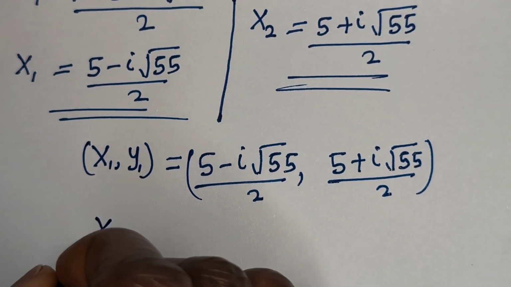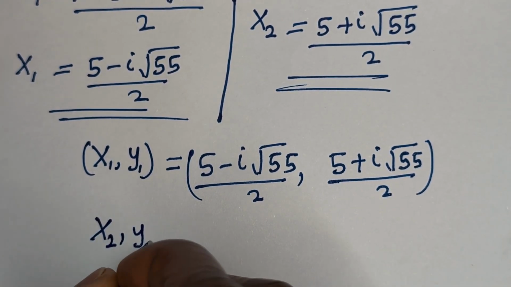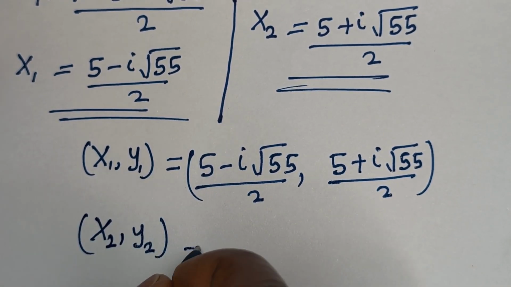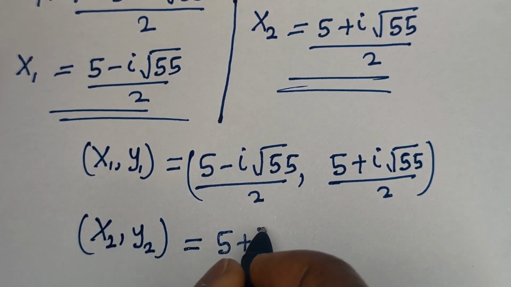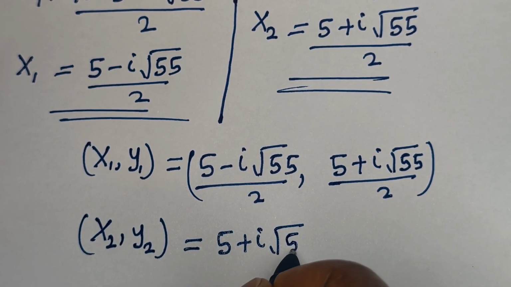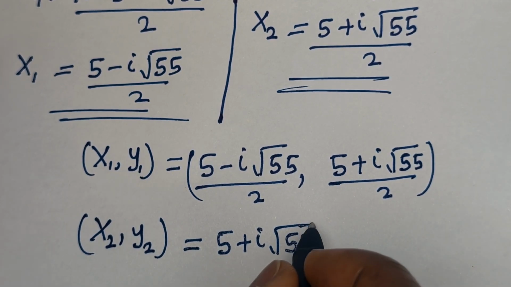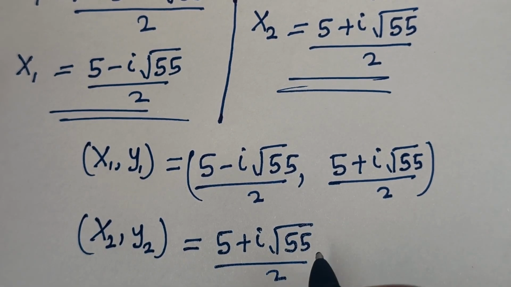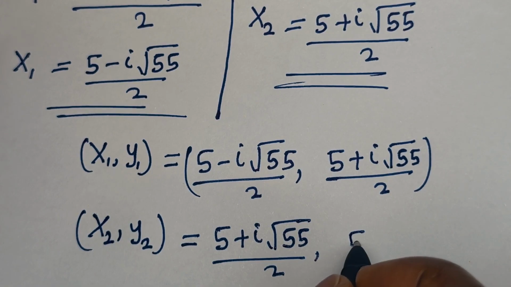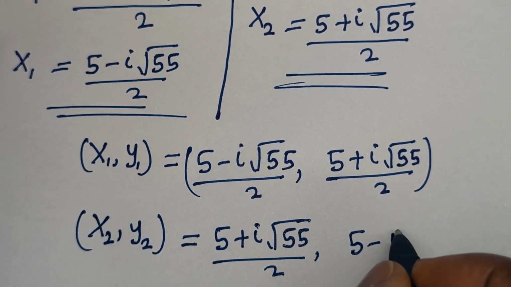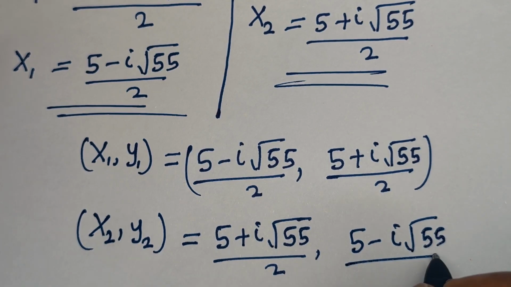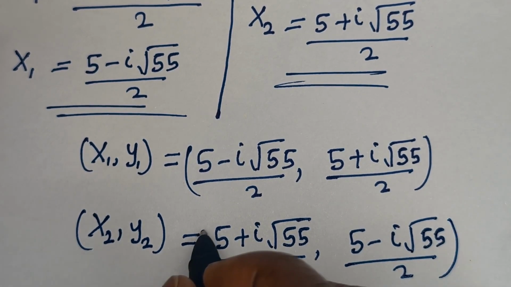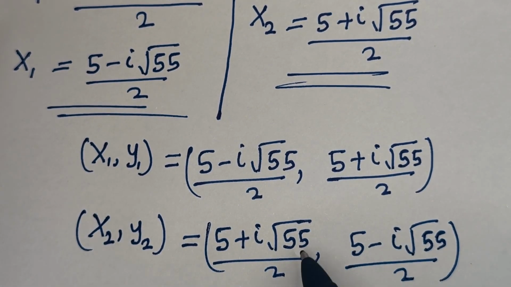Then x2, y2 is equal to 5 plus i root 55 over 2, 5 minus i square root of 55 over 2. We may check to confirm if this answer is right or wrong.